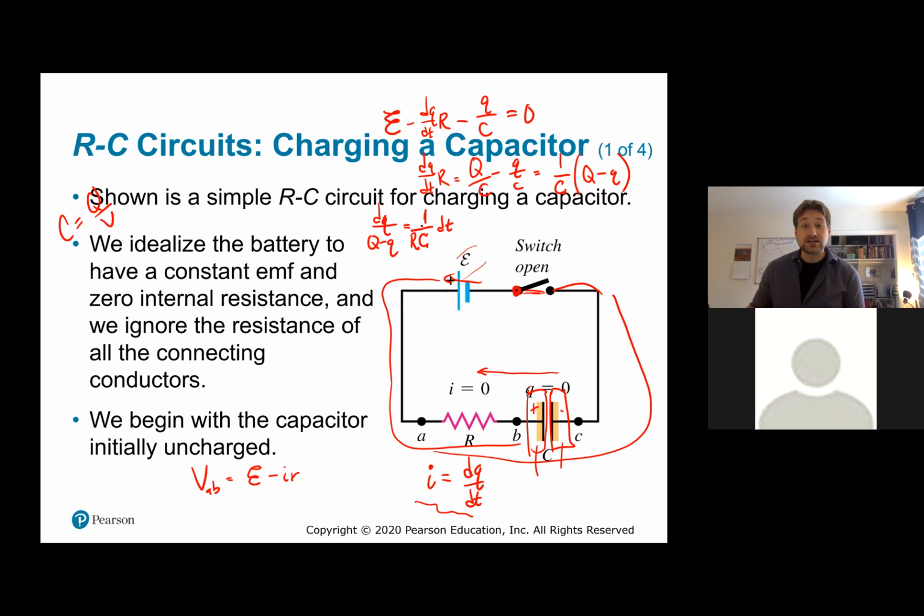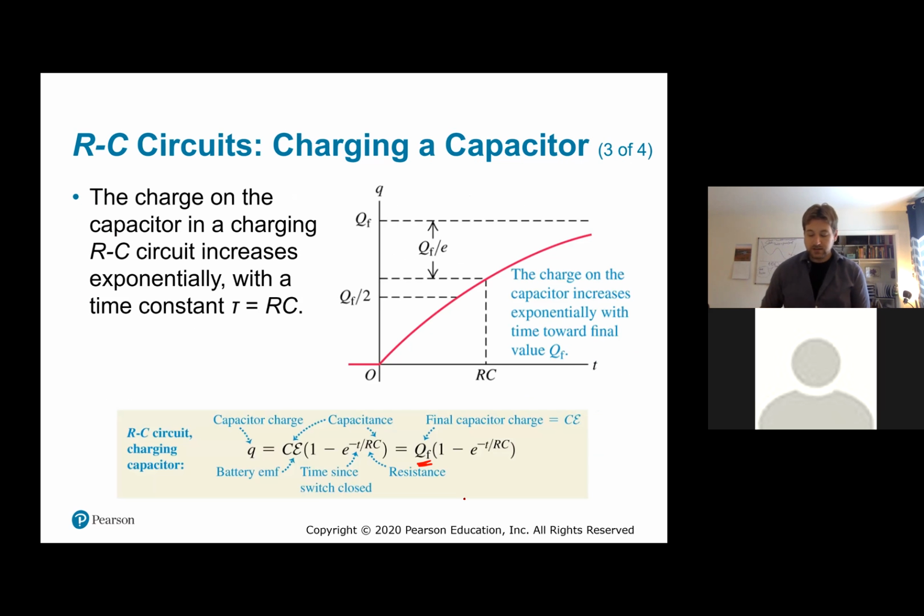And that product RC shows up in our solution. It's the parameter of an exponential function. It talks about the time during which a factor of 1 over e occurs.